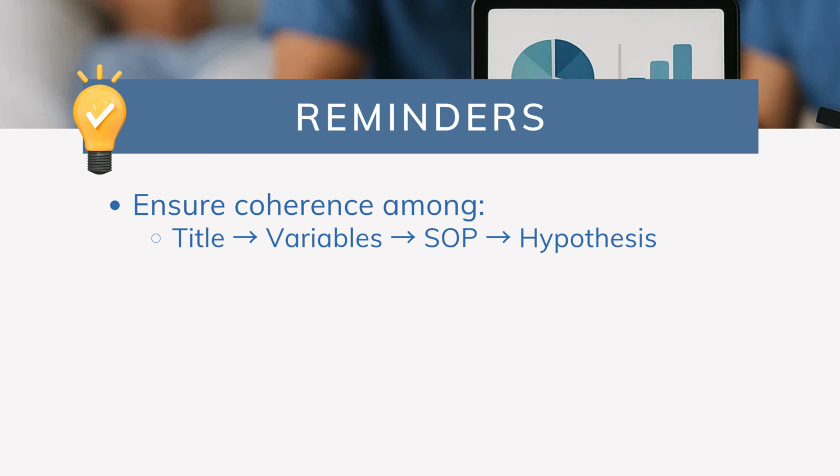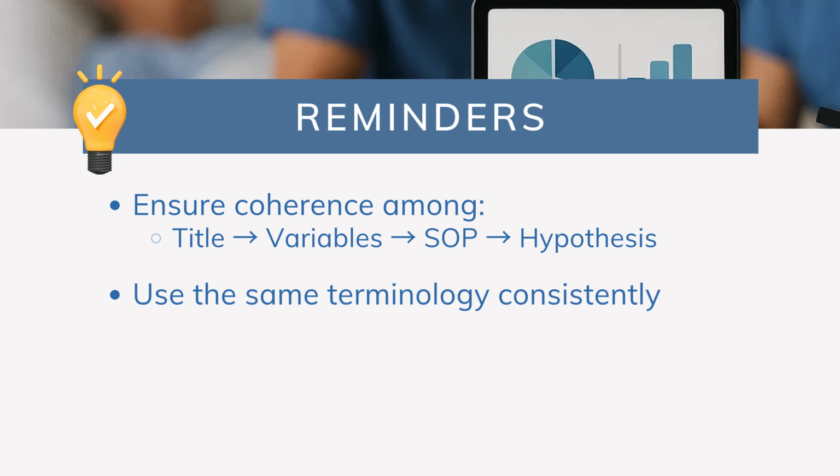If your title mentions knowledge and compliance, this should be the same variables discussed in your statement of the problem, broken down into specific problems, and tested in your hypothesis. Inconsistency across these sections weakens your study and confuses the reader. A well-aligned paper reflects a thoughtful and well-planned research design.